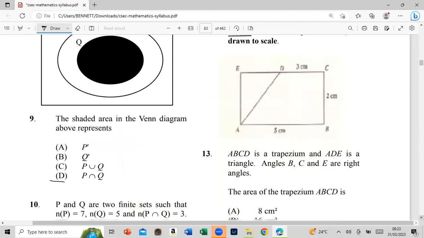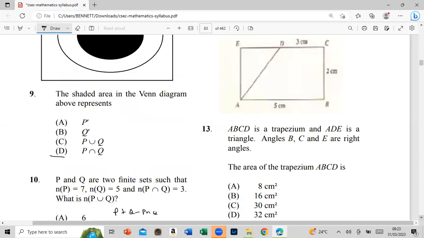Alright, ABCD is a trapezium and ADE is a triangle. Angles B, C, and D are right angles. What is the area of the trapezium ABCD? Alright, so let us just identify the parallel sides.